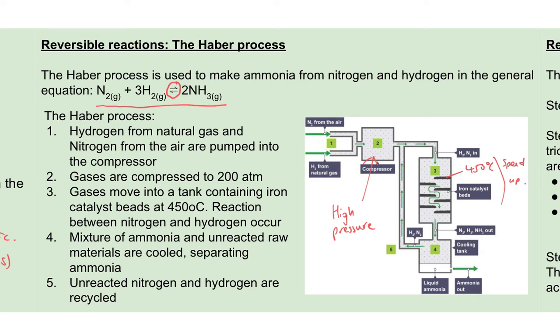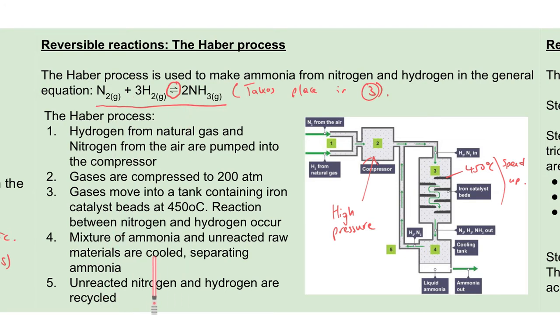Now in step 3, in this tank, I'm making ammonia. So this reaction takes place in 3, okay? But obviously, not all of that is going to react. It's never going to be perfect. So what's actually going to happen is I'm going to have a mixture of ammonia, hydrogen and nitrogen.